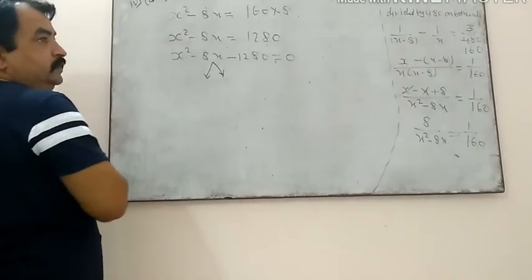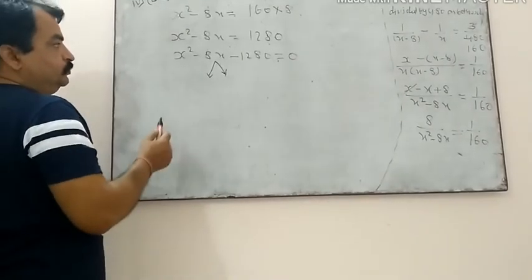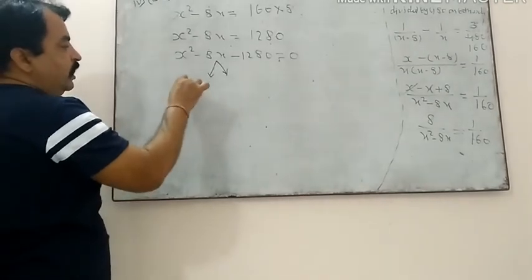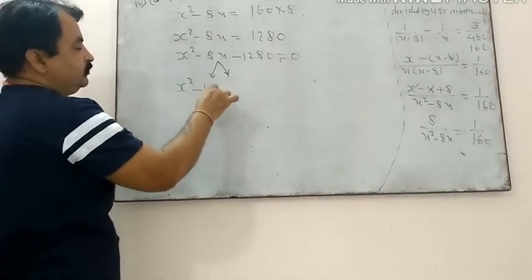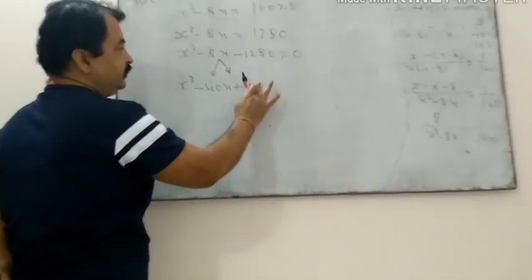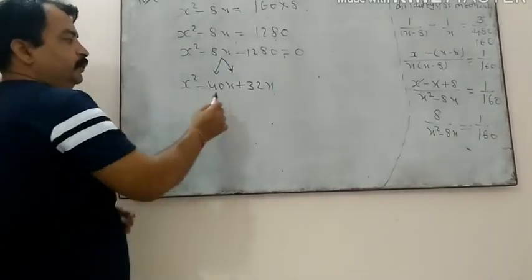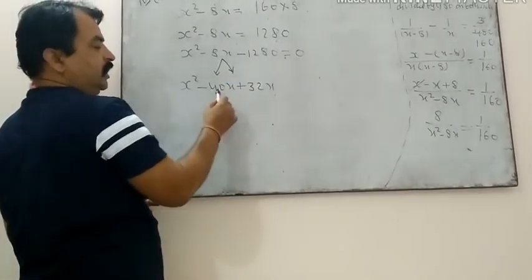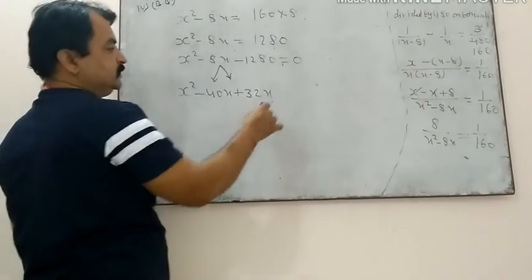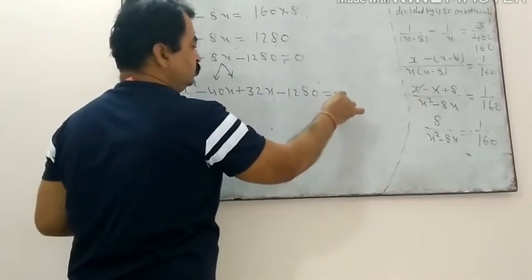So I see 40 into 32 is 1280. So x square minus 40x plus 32x. This will be the factor for 1280. Right, children? Okay, 40 into 32 you will get 1280, and minus 40 plus 32 you will get minus 8. Minus 1280 equal to 0.